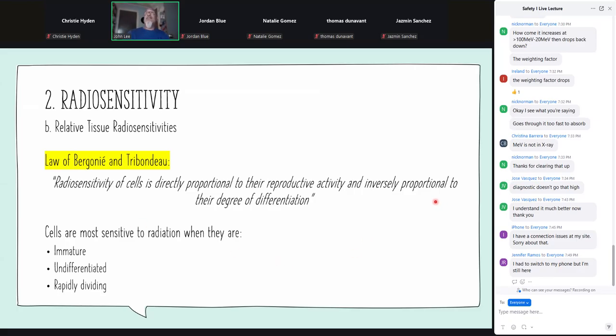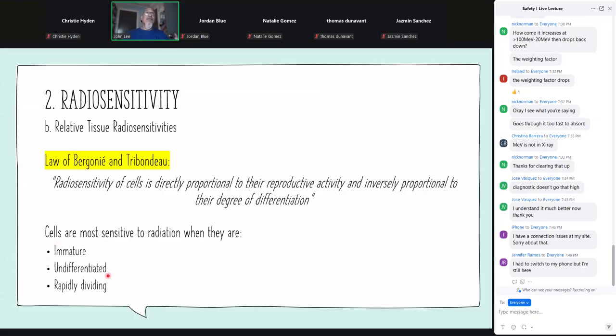And that they're inversely proportional to their degree of differentiation. So they're most sensitive to radiation when they're immature. An example of an immature cell would be a stem cell. It has not been defined in its function in the body yet, what kind of tissue it's going to be. Very, very immature, extremely sensitive to radiation.